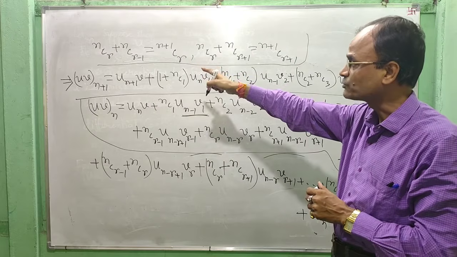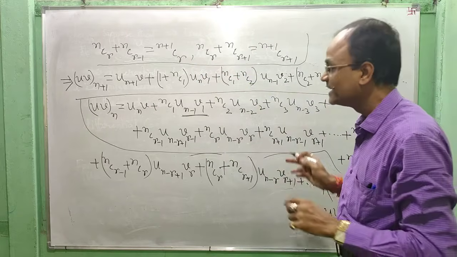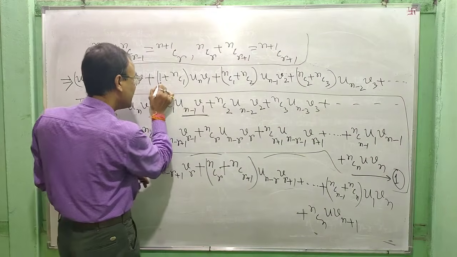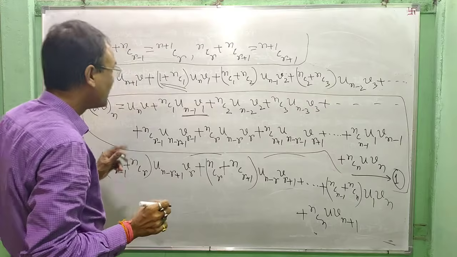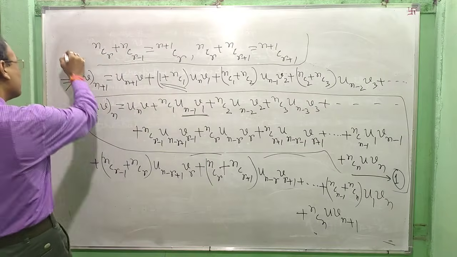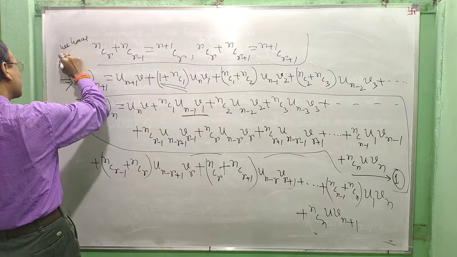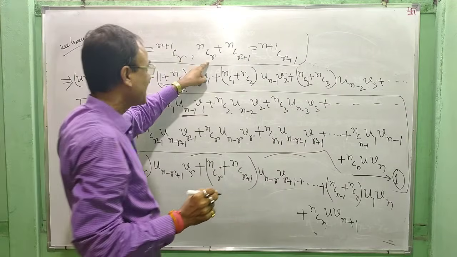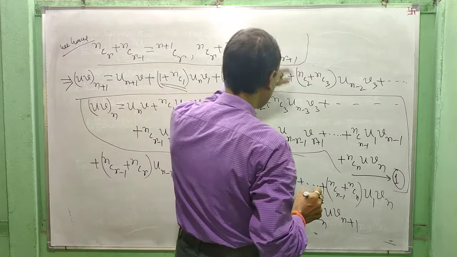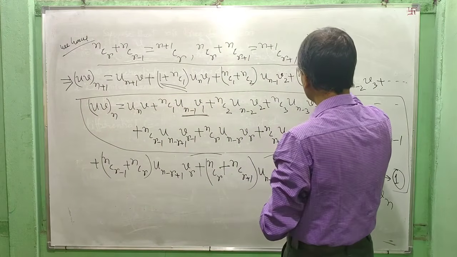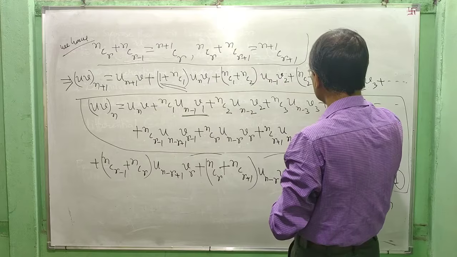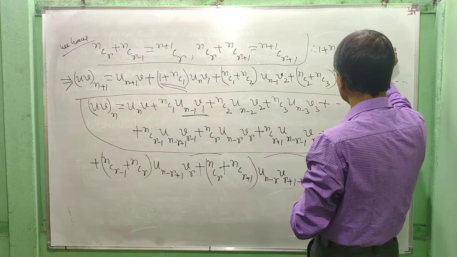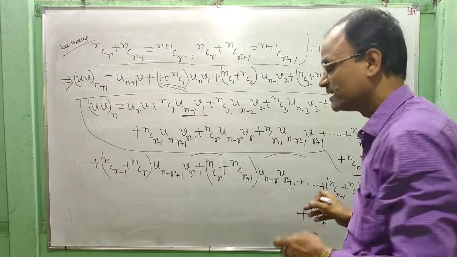Now, see here. One is nC0. We have nCr plus nC(r-1) equal to (n+1)Cr, and nCr plus nC(r+1) equal to (n+1)C(r+1). Therefore, 1 plus nC1 is equal to nC0 plus nC1. This is equal to (n+1)C1. You will get this one.